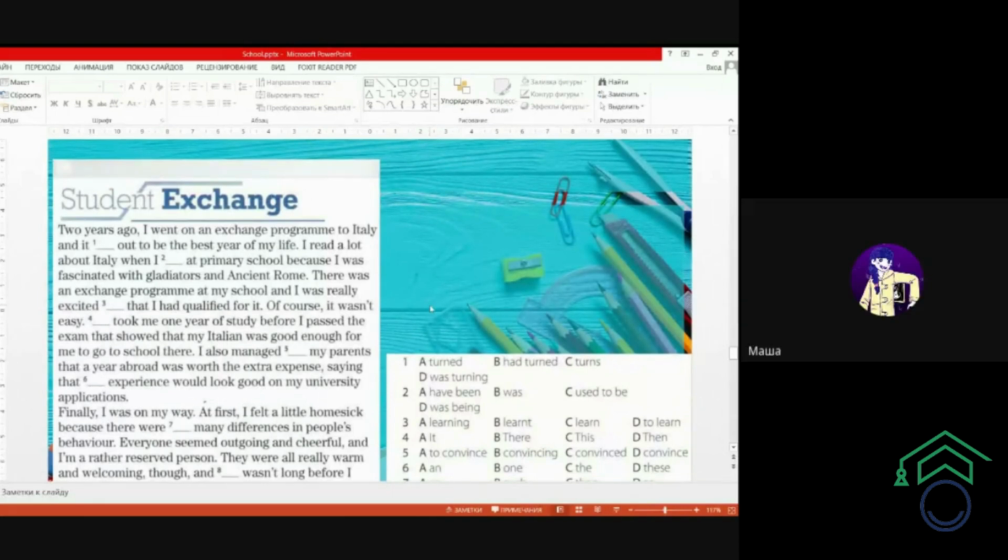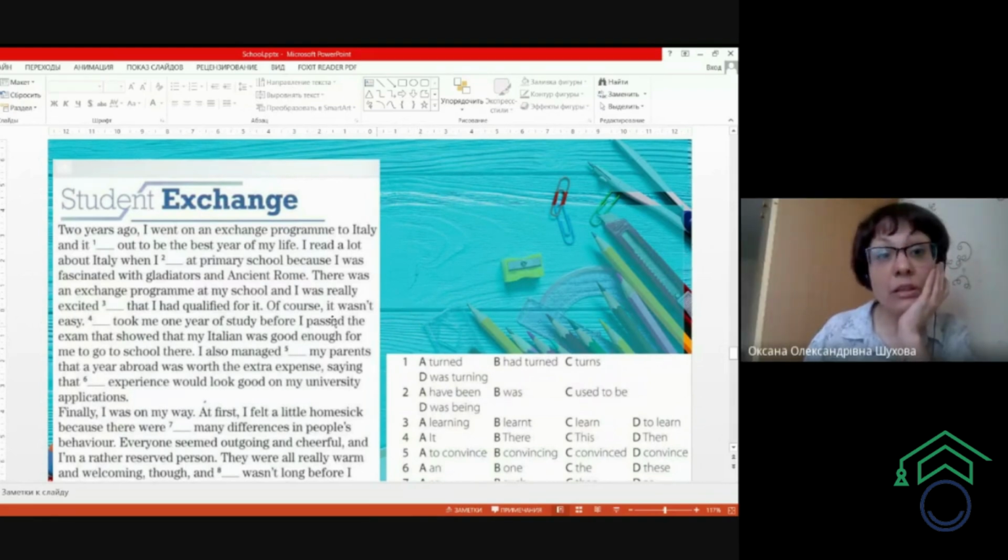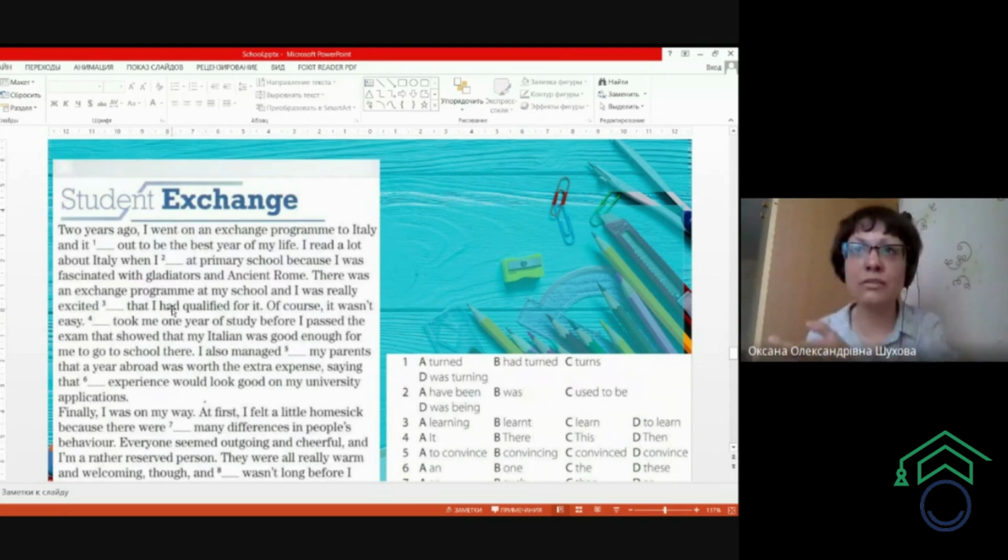Because before, past simple was also used: I went on exchange program. Okay, right. And besides, we have the adverbial modifier of time, 2 years ago. We know that with the word ago, past simple is usually used.